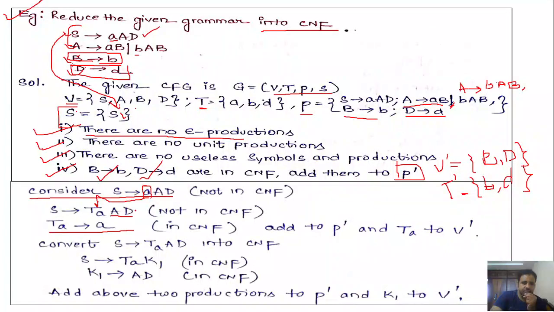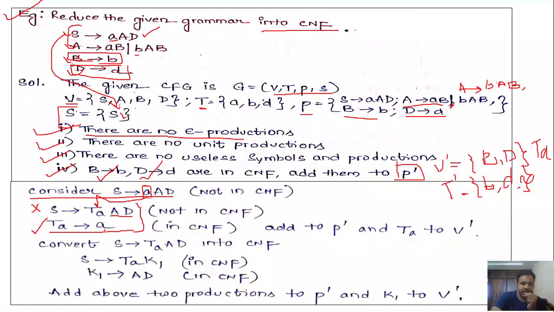TA denotes small a. So like this we have to rewrite. After rewriting, we can find that the first production is not in CNF, the second production is in CNF. So you can directly add the second production rule to P dash. You will get a new production in P dash, TA denotes small a, right? So add that variable TA to V dash, and add that terminal small a to T dash.